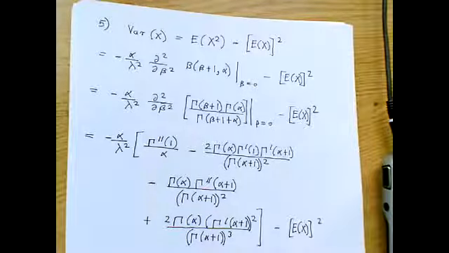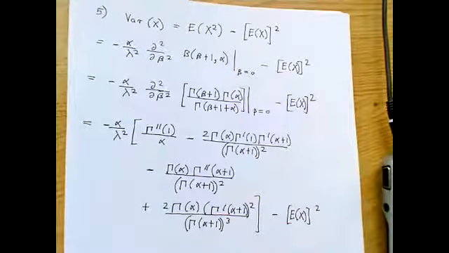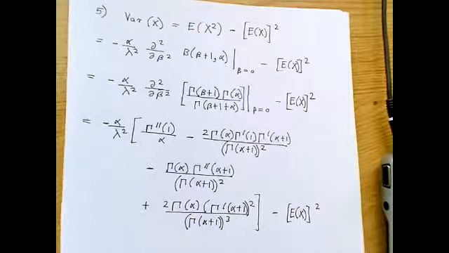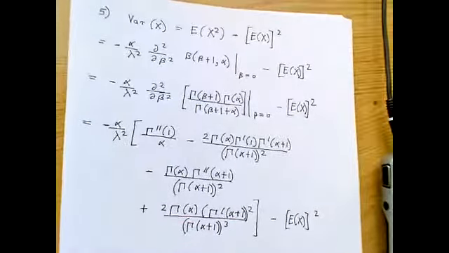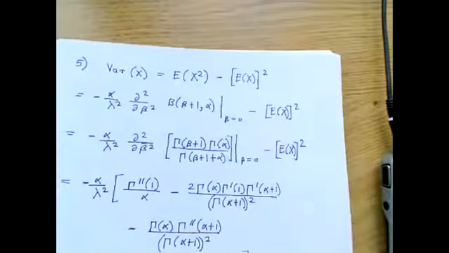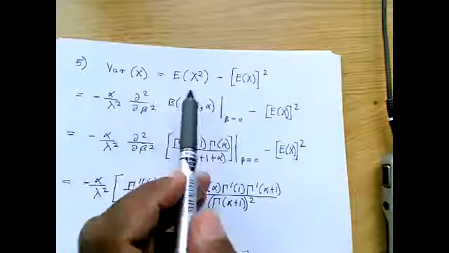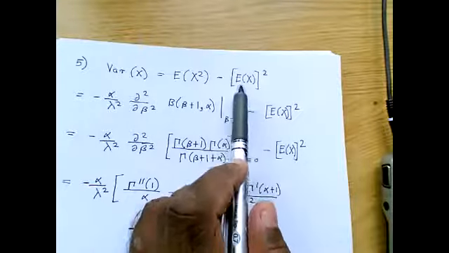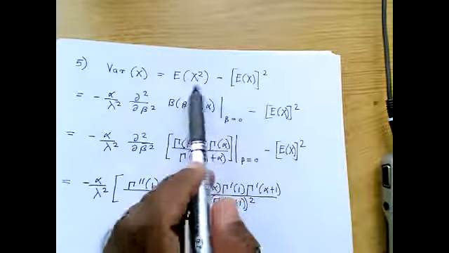All right, so this completes part 5. Oh, I got a question from Patrick. Variance, Patrick, the variance is given by this. The variance is the second moment minus the square of the first moment. So that's what I'm using.